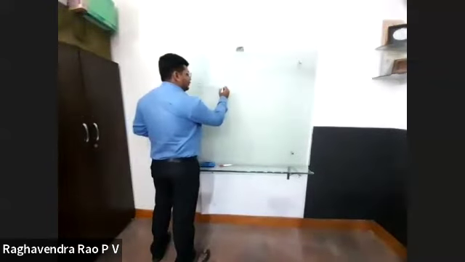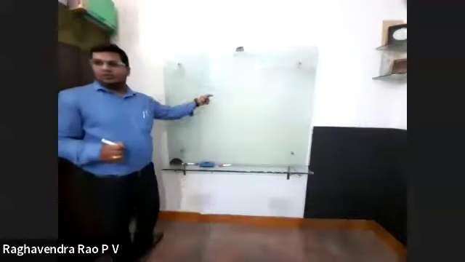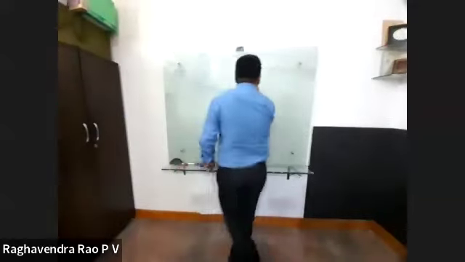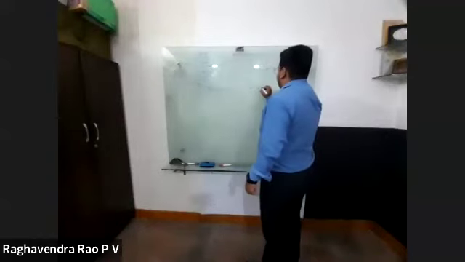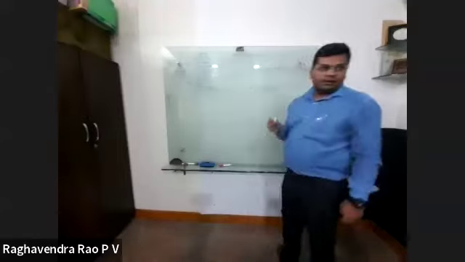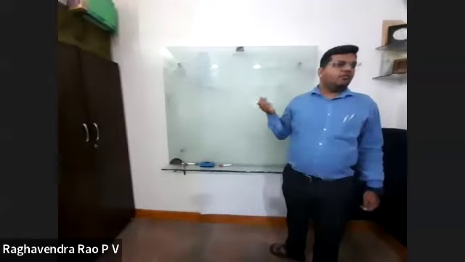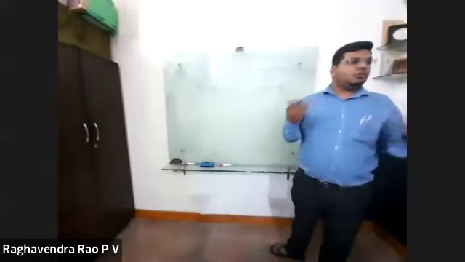Understand? So, what are these rules? Rule 42 is related to ITC reversal on exempt turnover. If I have an exempt turnover, I can't take full credit. I have to take only the proportional credit which is towards my taxable turnover.